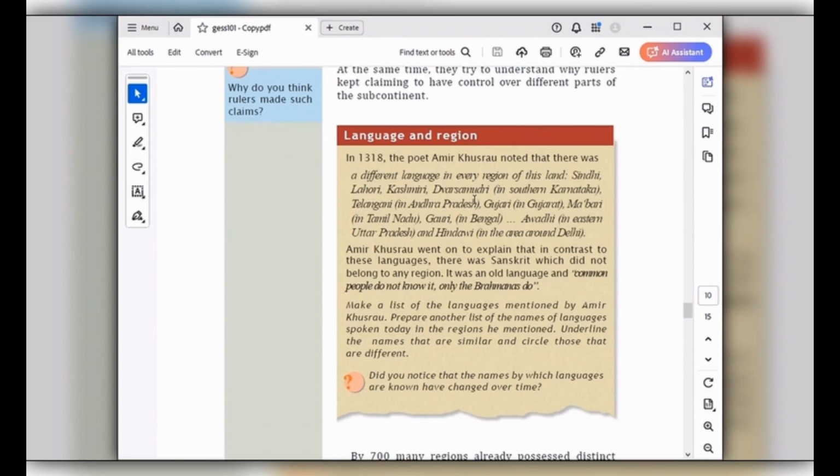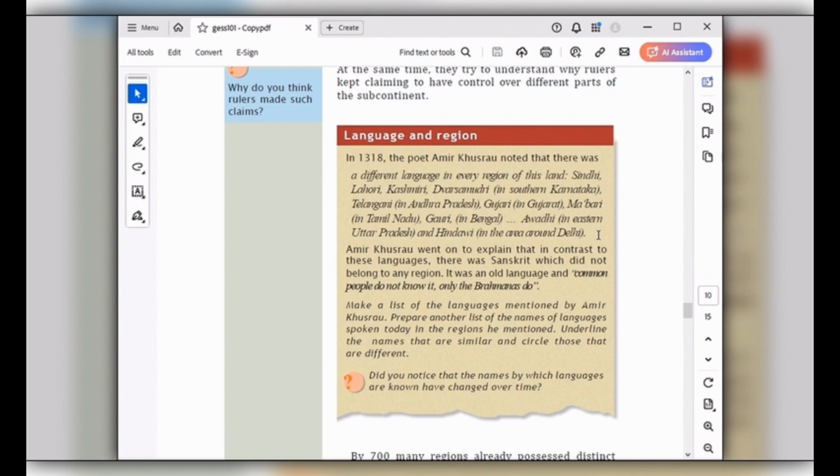Language and region. In 1318, the poet Amir Khusro noted that there was a different language in every region of this land. Sindhi, Lahori, Kashmiri, Dwar Samudri in southern Karnataka, Telangani in Andhra Pradesh, Gujri in Gujarat, Mabari in Tamil Nadu, Gauri in Bengal, Awadhi in eastern Uttar Pradesh, and Hindavi in the area around Delhi.